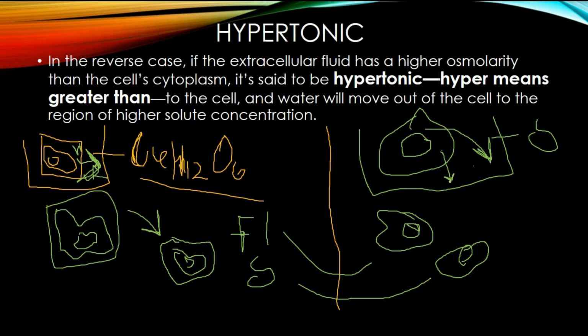First things first, hypertonic means the concentration would be higher inside of the cell, right? The water concentration is higher inside of the cell. And the concentration of water is lower outside of the cell.